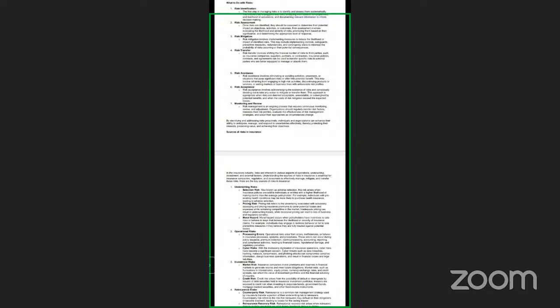The fourth step is risk transfer, and risk transfer basically involves shifting the financial burden of risk to third parties. If the insurance company finds that the risk is very high and it is not possible for the insurance company to solely compensate the loss which might arise because of the risk, then they can think of transferring a part of that risk to some other insurance company.